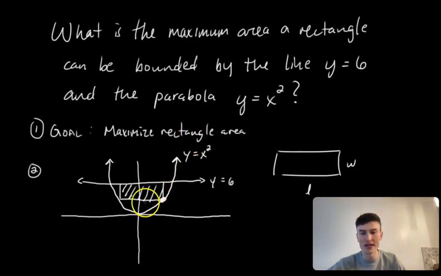So if we call this x distance out from this corner of the rectangle the variable x, then what is this side length of the rectangle? Side length would be 2x, right? So let me erase this L and W and we'll put in x, 2x actually.